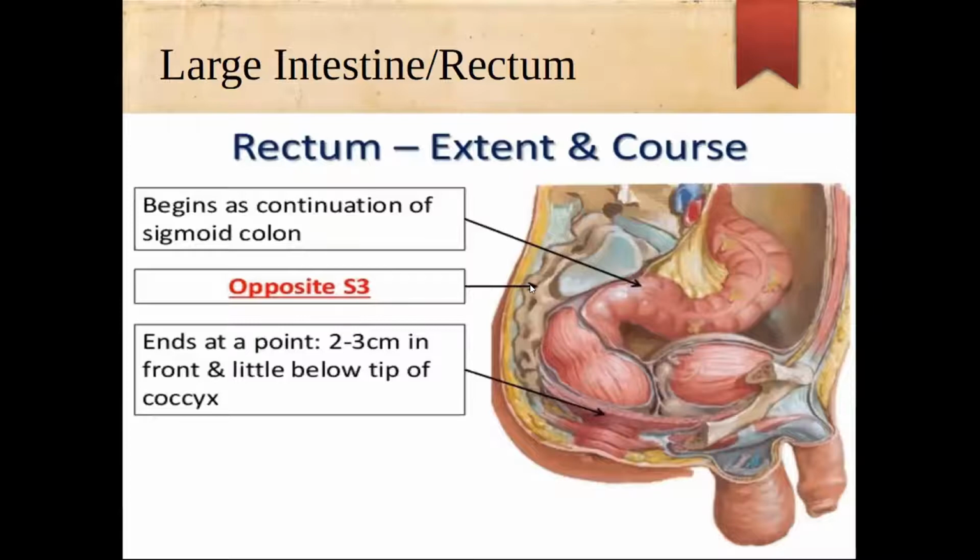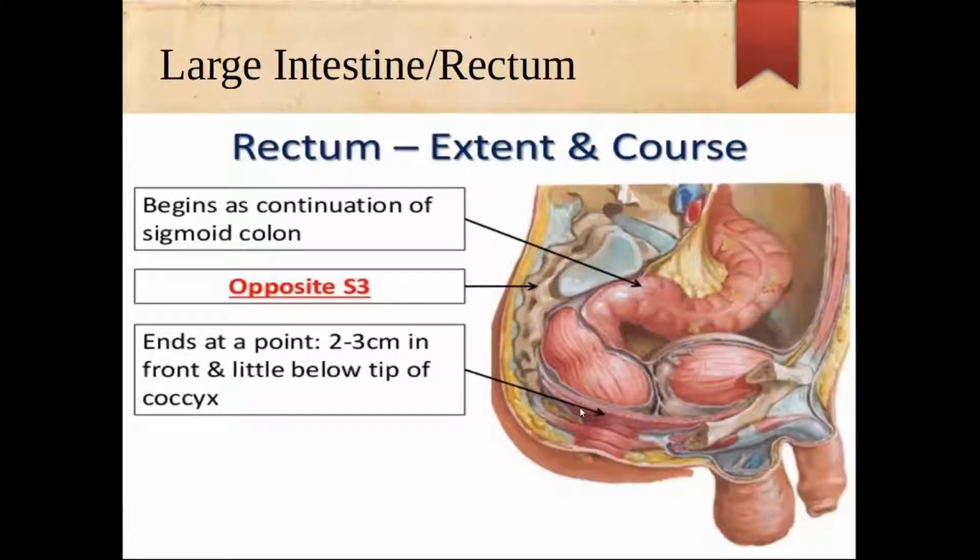If you see here, opposite to S3, okay, this is the beginning of the rectum, opposite to S3. Where is it ending? If you noted here, this is the rectum also. You see this is the coccyx, and the ending is about 2 to 3 centimeters in front and a little below the tip of the coccyx.